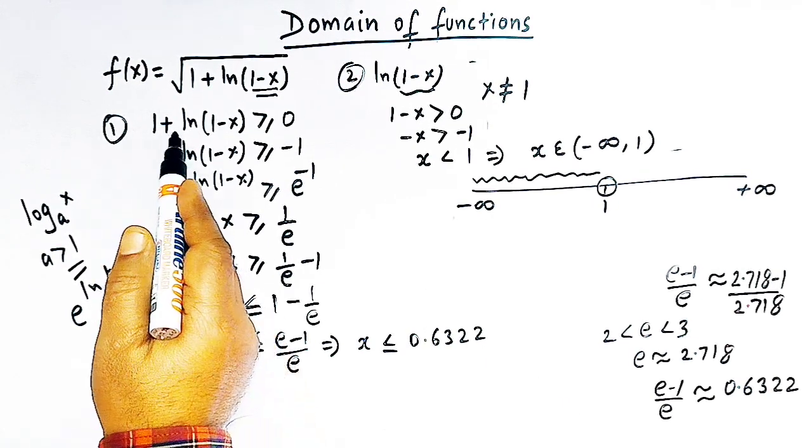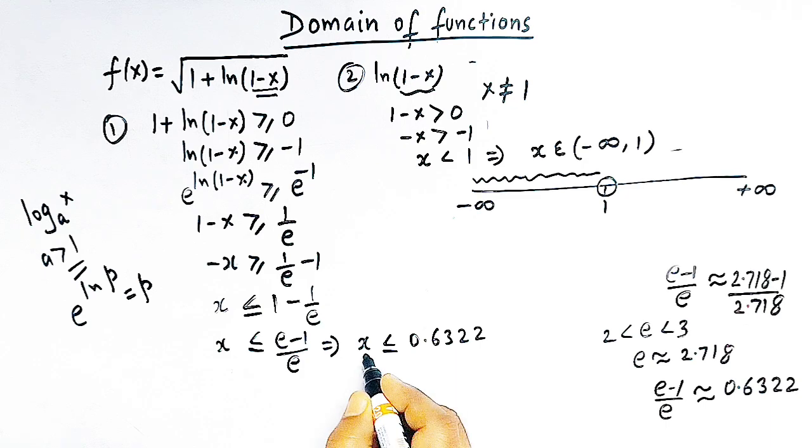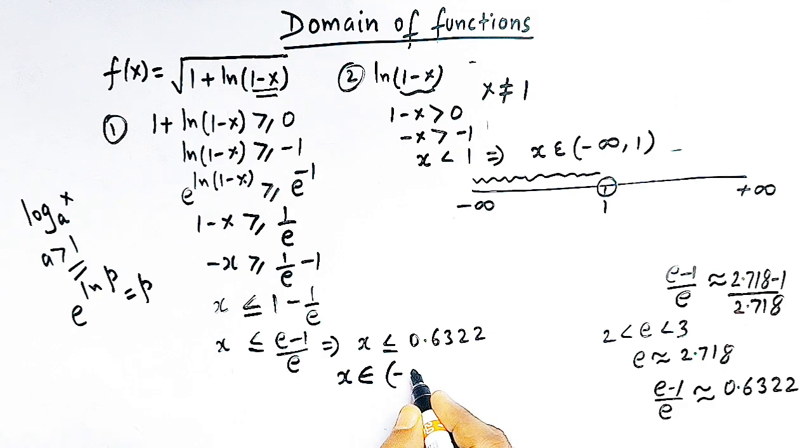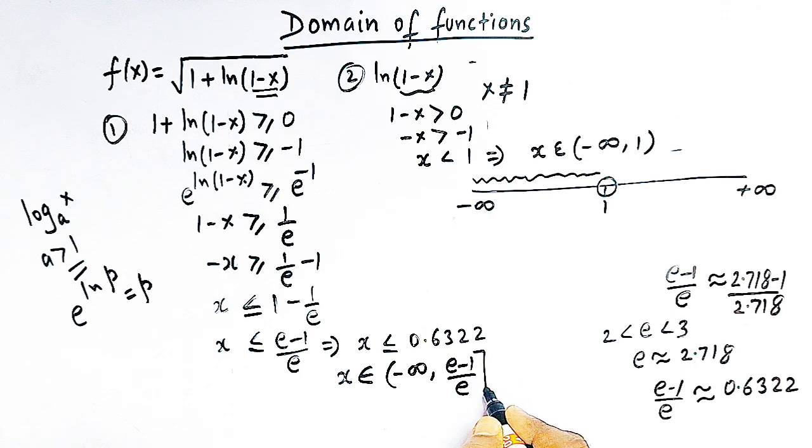So now the solution of this inequality is given by this interval, that is x belongs to the interval minus infinity to e minus 1 over e, and here we have closed, right? It is open from the left and closed from the right, and e minus 1 over e is approximately equal to 0.6322.